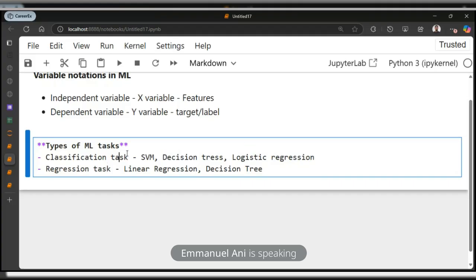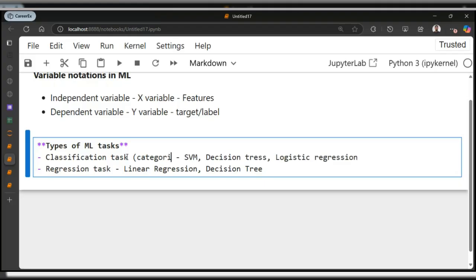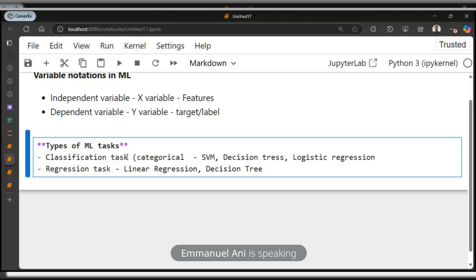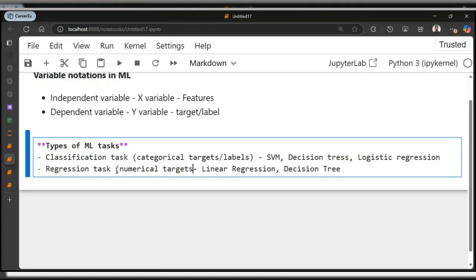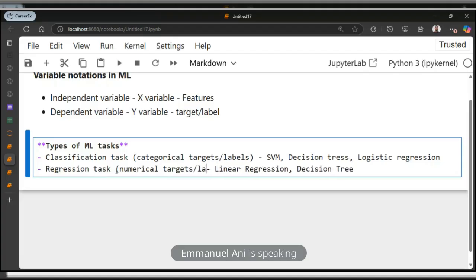So classification tasks: categorical targets or labels. For regression tasks, we're going to say numerical targets or labels, all right?